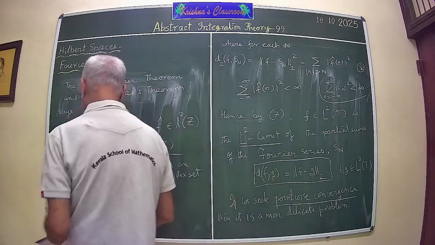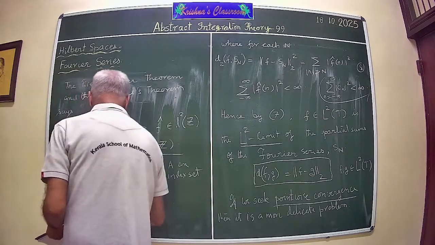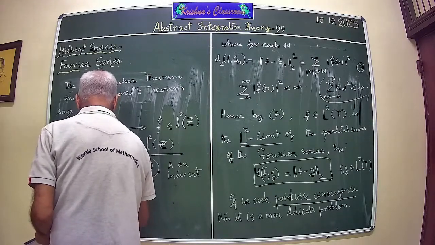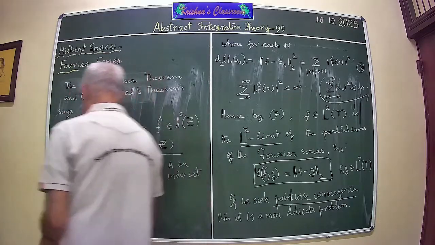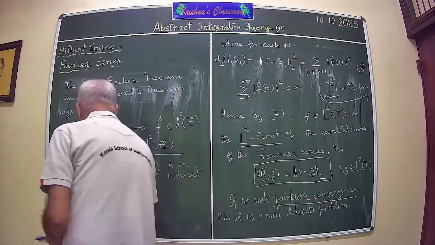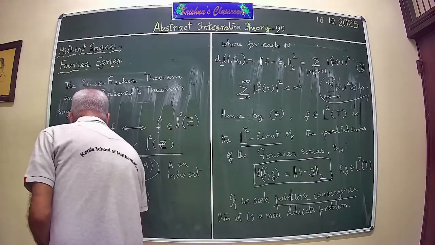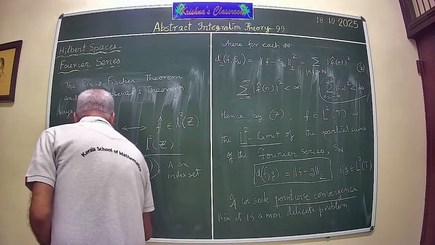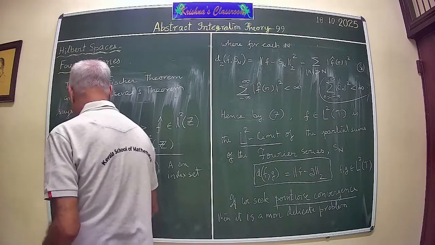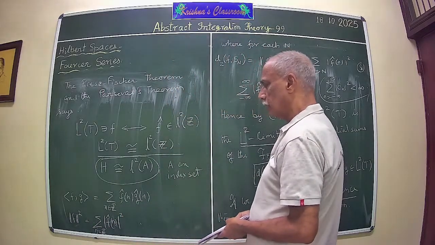Parseval's theorem actually gives you, if you put g equal to f, this is what you end up with: the norm of f squared equals the sum of the f hat of n squared. Now, what does this mean?